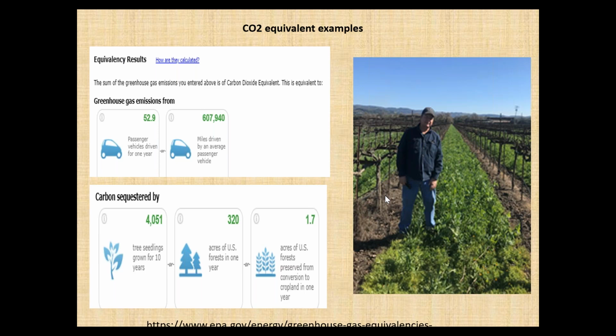One I like is carbon sequestered by tree seedlings grown for 10 years, 4,051. And the web page features a lot of other examples, such as number of car miles driven, acreage of forests, to name a few. But the calculator puts the climate benefit in terms that we can grasp and relate to and remember.